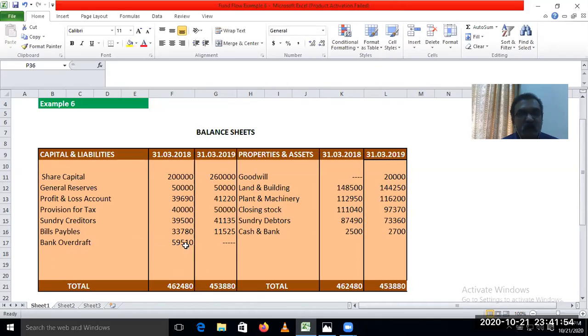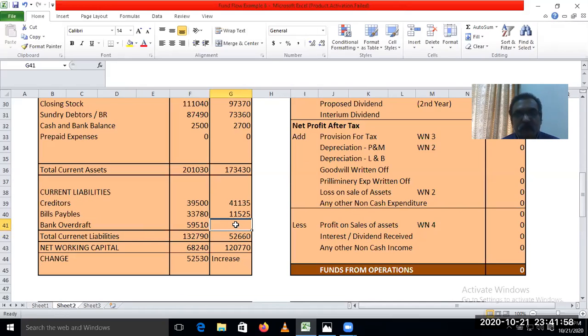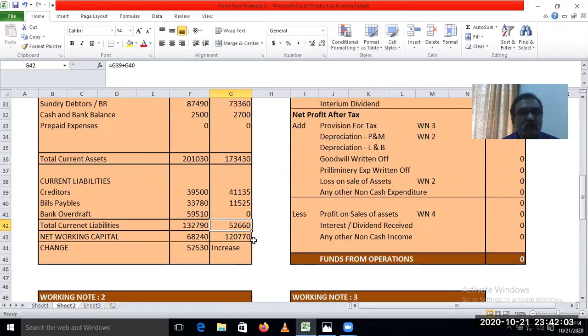You can check out that bank overdraft is not there in the second year. So bank overdraft 0. Here we have got the total current liabilities. First year 1,32,790. Second year 52,660.